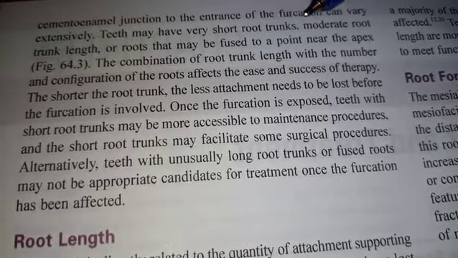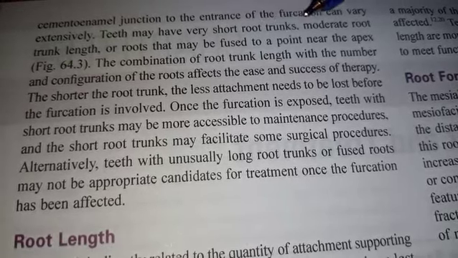If the patient has a short root trunk on the affected tooth, then less attachment needs to be lost, meaning there will be less attachment loss before the furcation is involved. Once the furcation is exposed, teeth with short root trunks are more accessible to maintenance procedures.